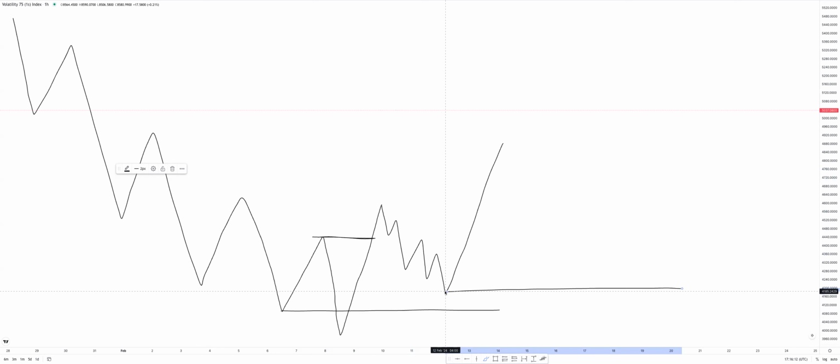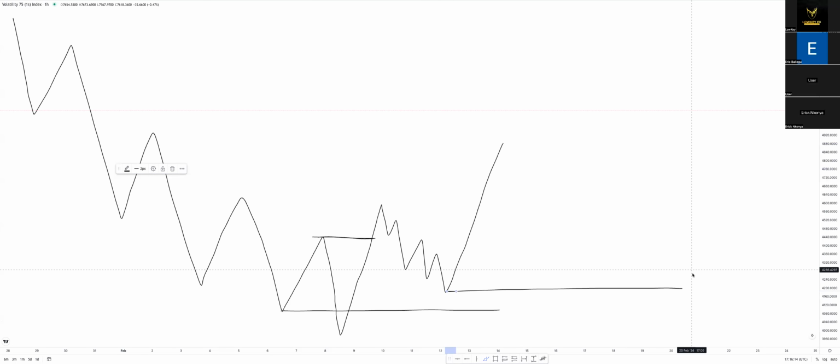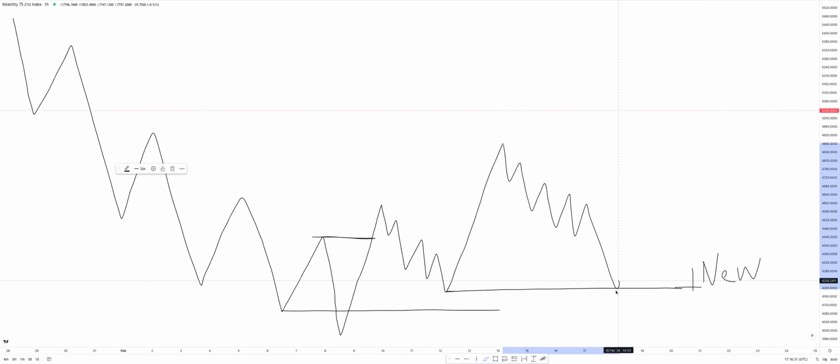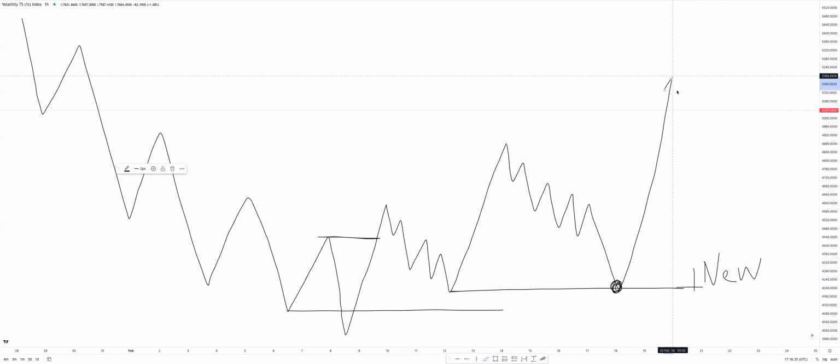This structure is what we call the new invalidation. So we'll be expecting price to create some lows, respect our new invalidation so that we can proceed to create some highs.